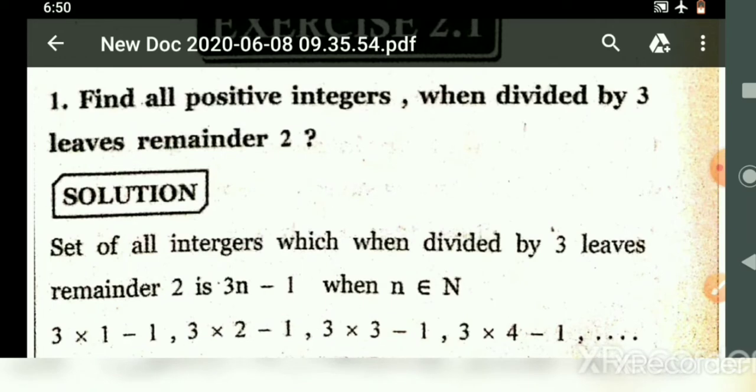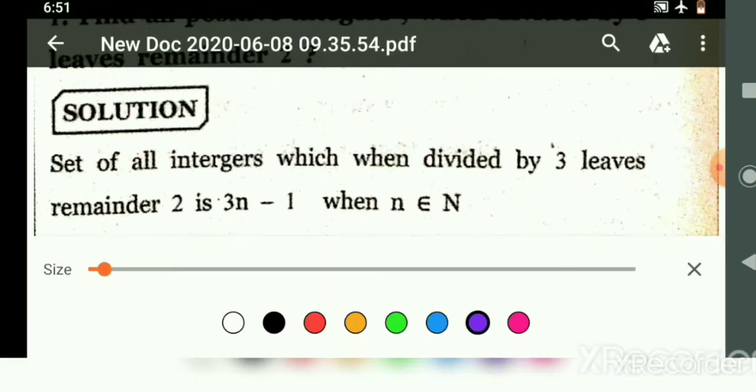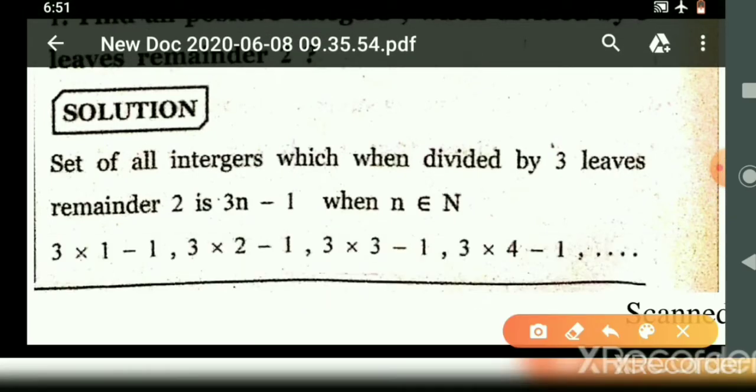So the nth term is 3n minus 1, the general form of all numbers which leave remainder 2 when divided by 3.